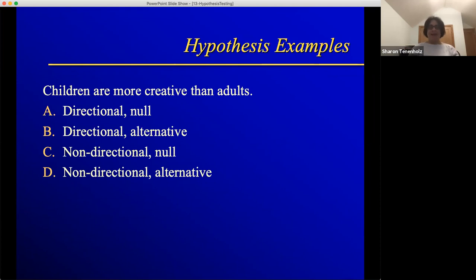Children are more creative than adults. Is that a directional null hypothesis, a directional alternative hypothesis, a non-directional null hypothesis, or a non-directional alternative hypothesis?